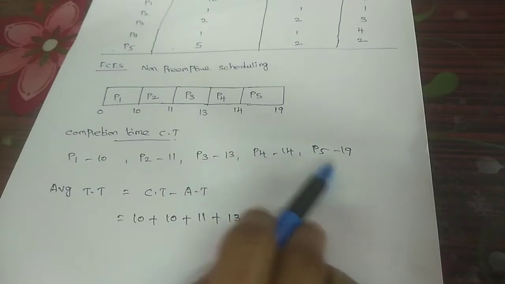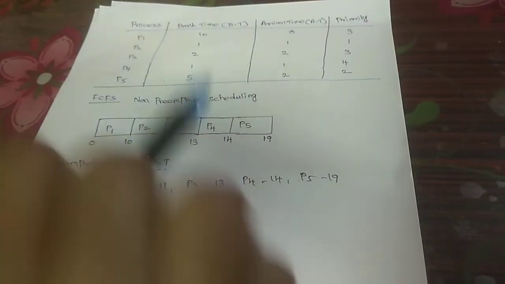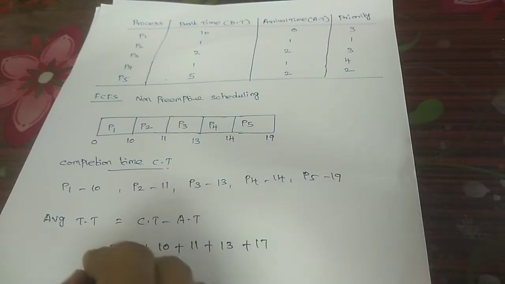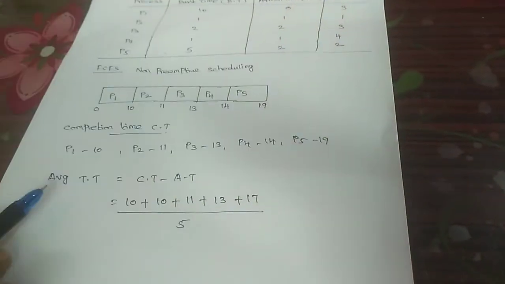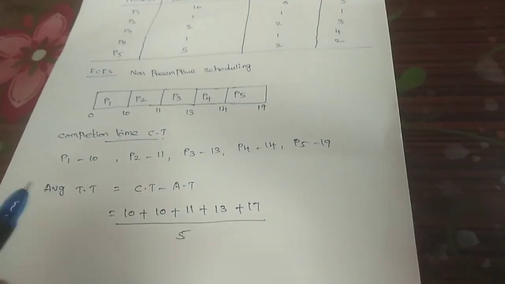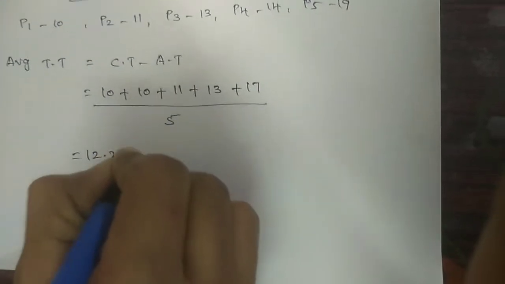Plus, the completion time of process P5 is 19 and the arrival time is 2, so 19 minus 2 is 17. Divided by 5, because we have 5 processes and we want the average, we get 12.2 milliseconds.